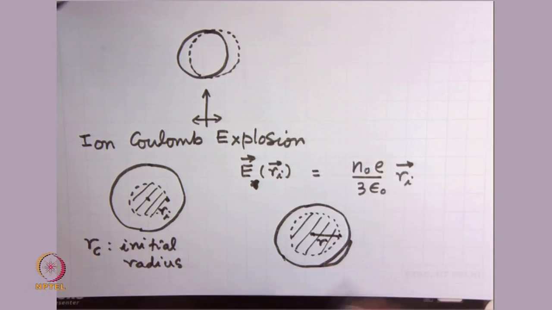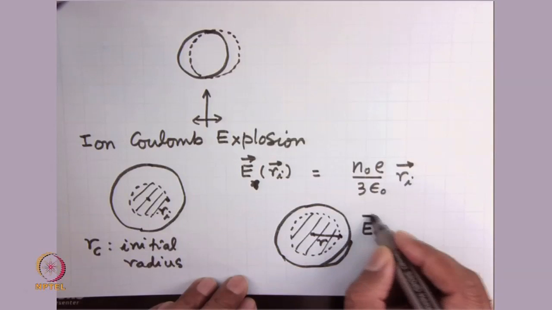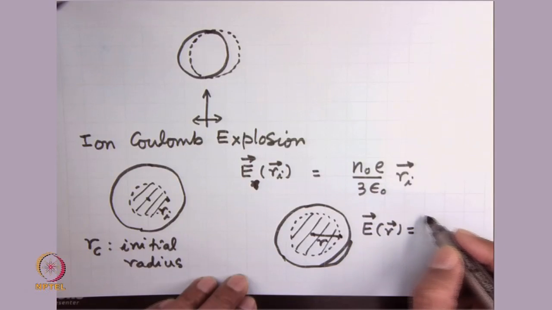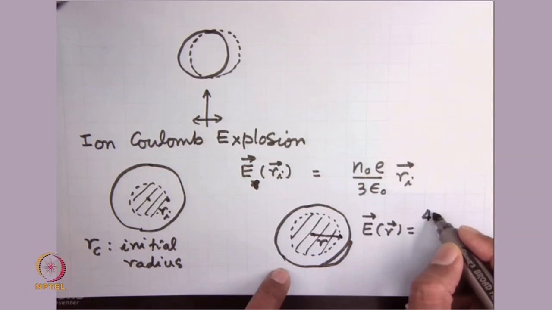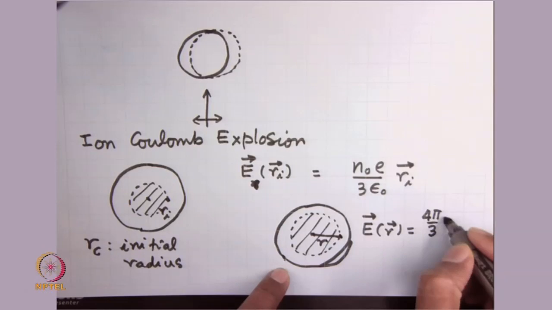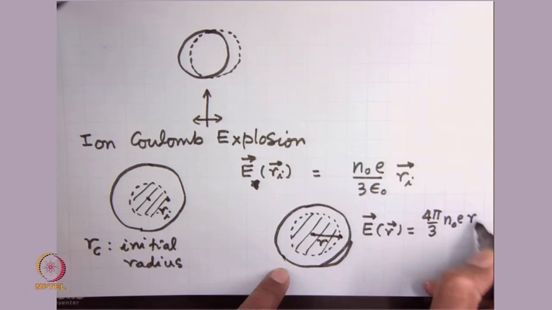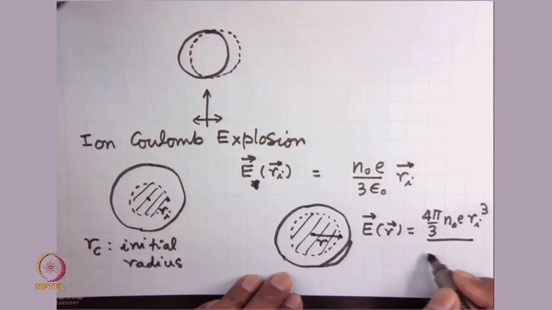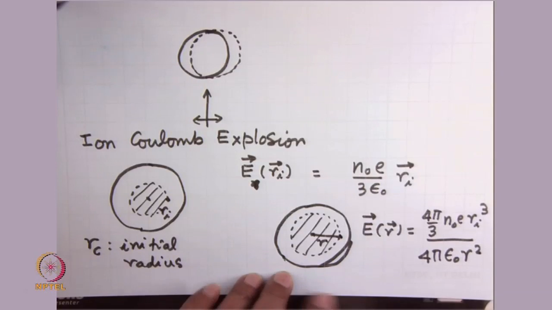So, if I calculate the electric field seen by this test ion that originated at Ri, when it has moved to distance r, the electric field by the same ion at position r would be the total charge in this sphere, which will be 4 pi by 3 N0 e Ri cube, upon 4 pi epsilon 0 r square, and that is in the radial direction.